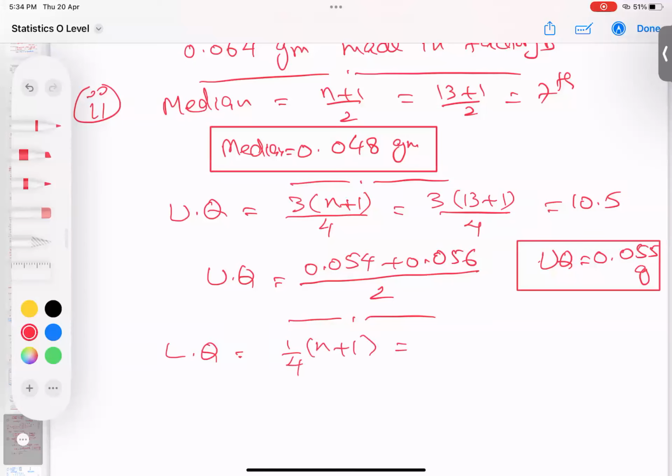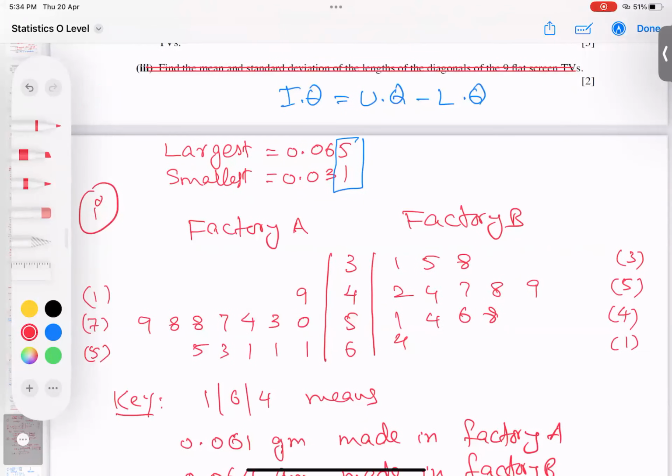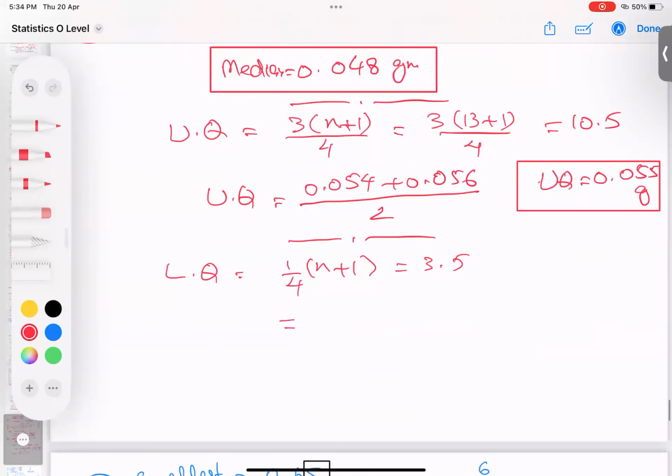So if I check it, 1/4 into 14, I'm getting 3.5. 3.5 is in the middle of the third and fourth term. Third and fourth. So third is this and fourth is this. So 38 and 42. If I find the average, I think it is coming 40.